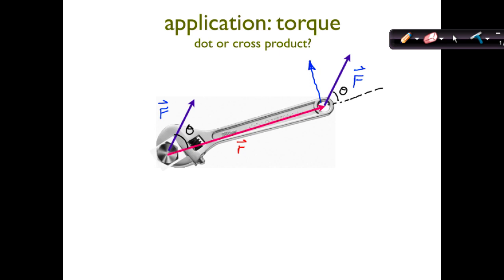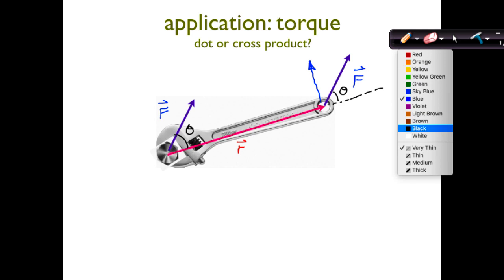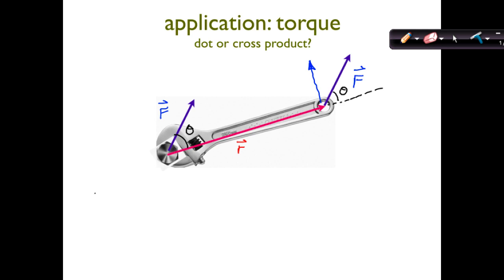So what is the magnitude of the torque then? If we didn't know cross product, how could you write the magnitude of the torque? We've got the vector F, the vector R, and angle theta. It'd be the magnitude of R times the portion of F. How would you get the portion of F orthogonal to R?